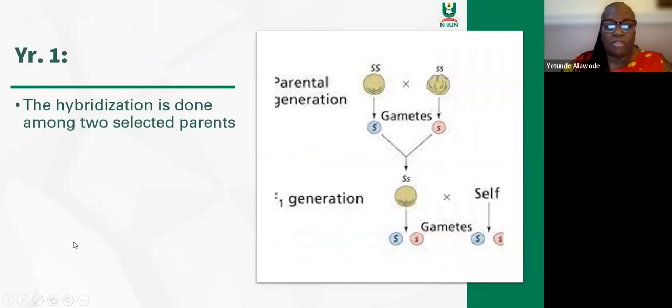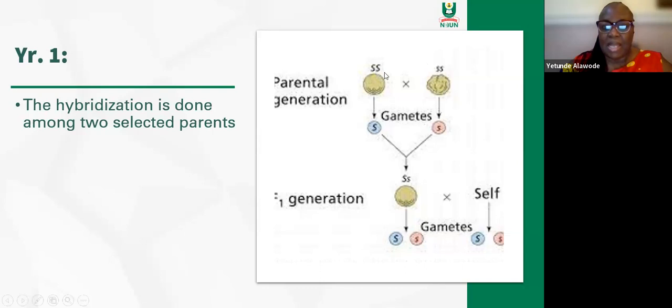And like I said, any breeding program takes nothing less than 7 to 8 years. So in the case of pedigree breeding too, it takes a while. In the first year, hybridization is done. You select two pure lines, two parents, and then you form hybrids. That is what is here. This is the parental generation.